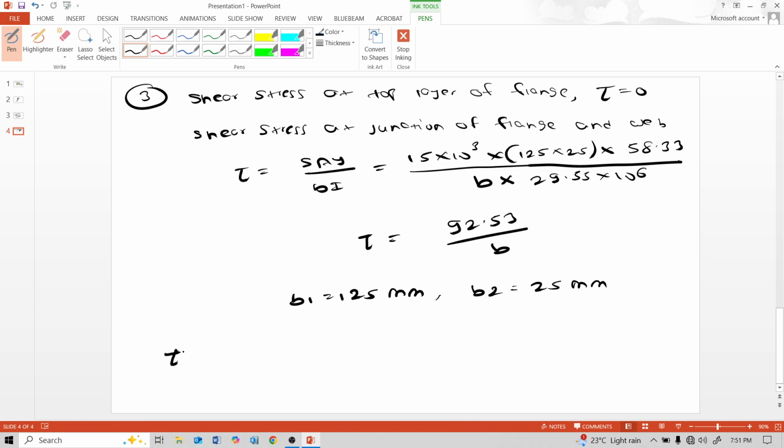So tau 1 is equal to 92.53 divided by B1, 125 mm, which is 0.74 Newton per mm square.